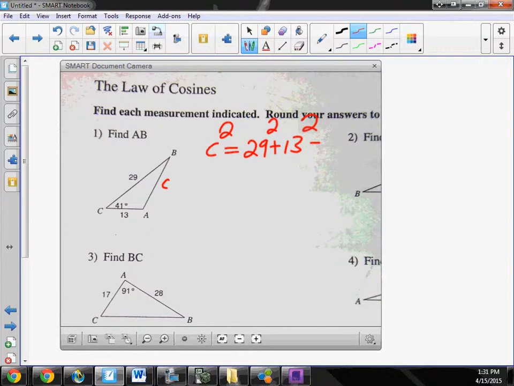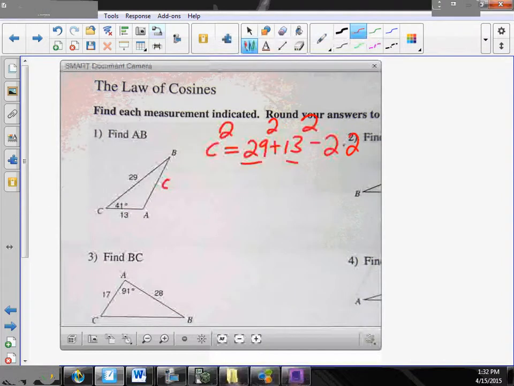Minus 2 times, it's these same two numbers. It's 29 and 13 times the cosine of 41. You guys are so picky.